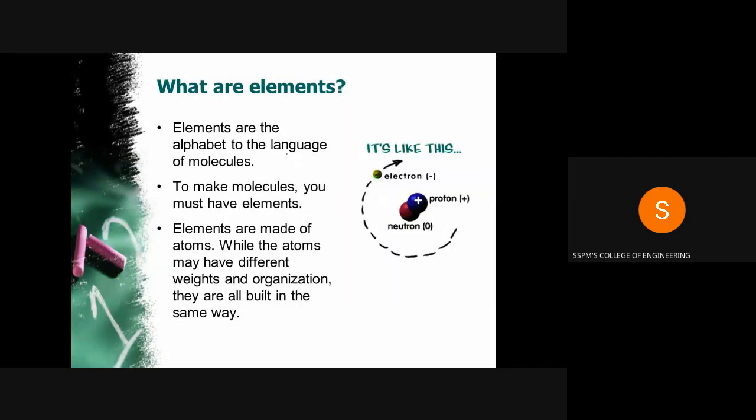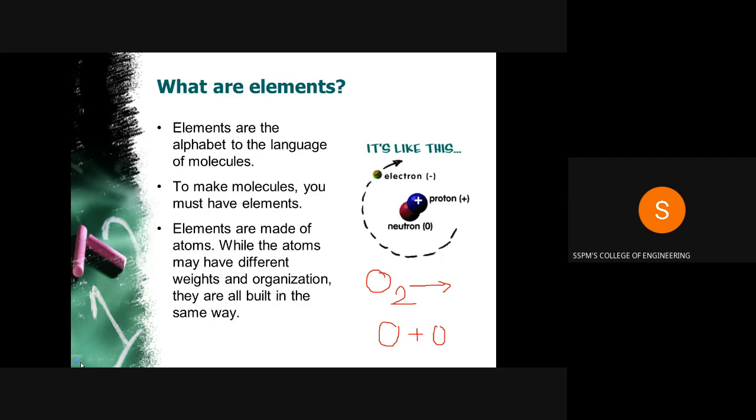Then the next thing is, what are elements? Elements are the alphabet of the language of molecules. One molecule is made up of two atoms. Tell me any one example of elements or molecules. Take the example of oxygen. An oxygen molecule is made up of two atoms, meaning one oxygen molecule contains two oxygen atoms.